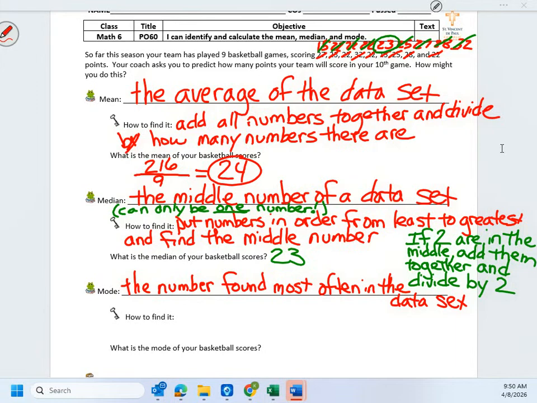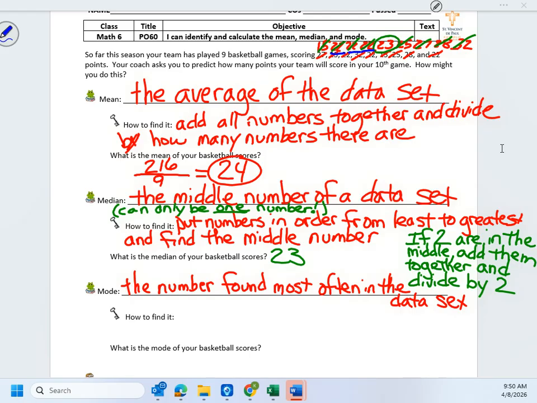What would be our mode for this data set? What do we see the most of? Jackson? 22. I have 3 22s listed. There is no other number that's on there 3 times.